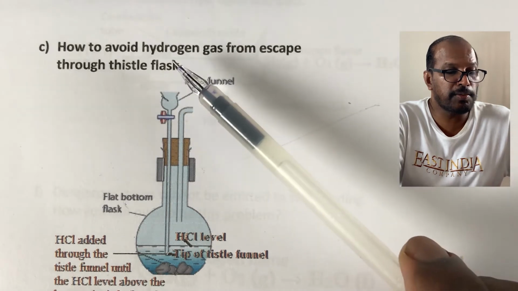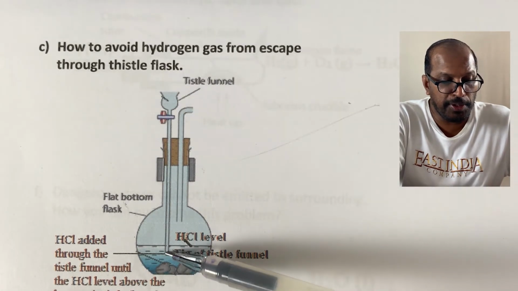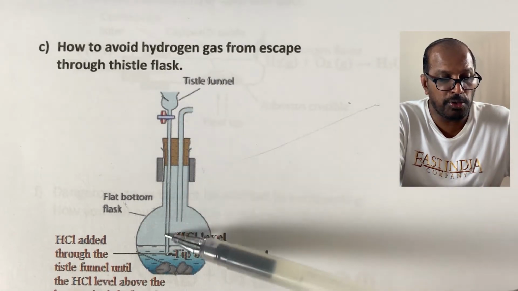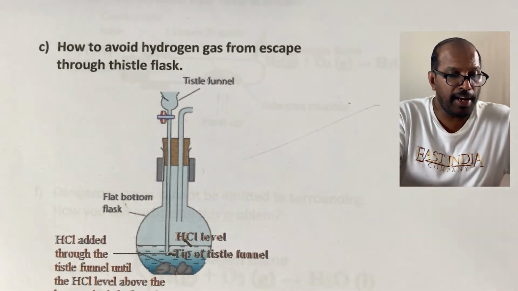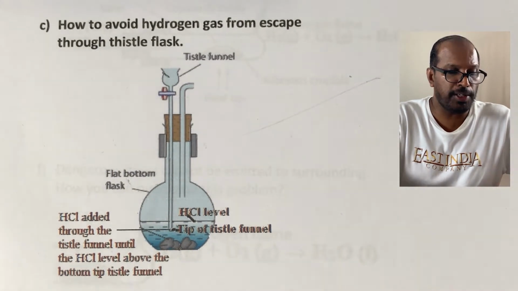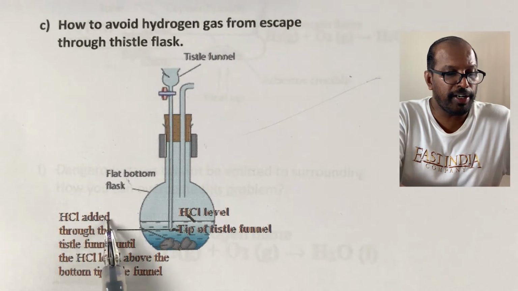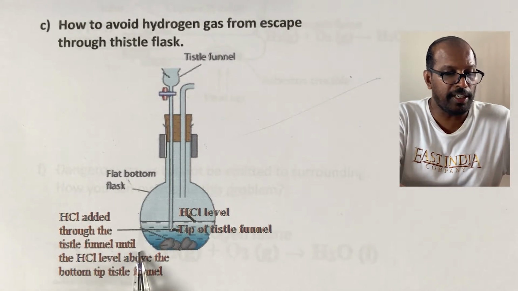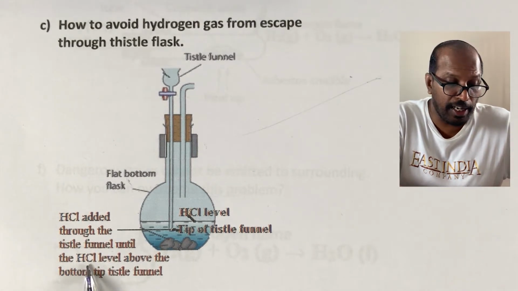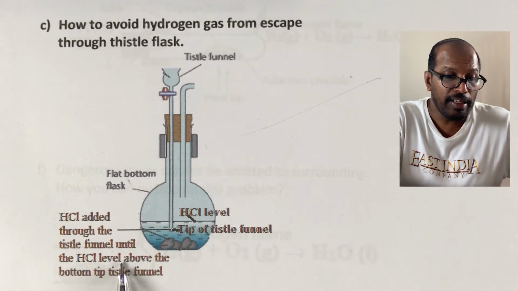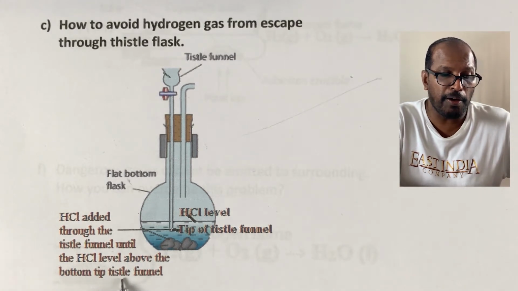How are you going to make sure that the hydrogen produced does not go out through the thistle funnel? To do that, you are required to add the hydrochloric acid through the thistle funnel until the hydrochloric acid level is above the bottom tip of the thistle funnel.